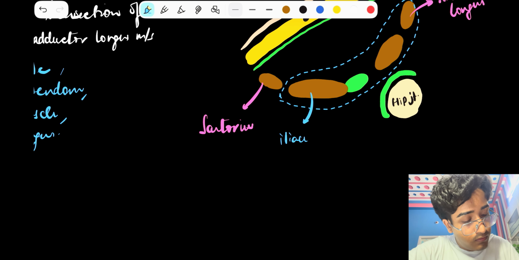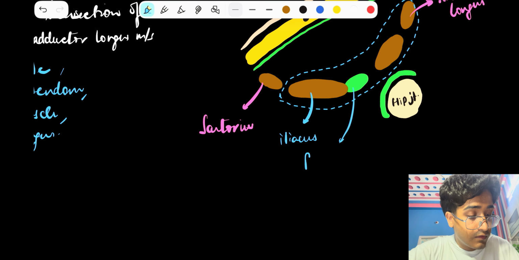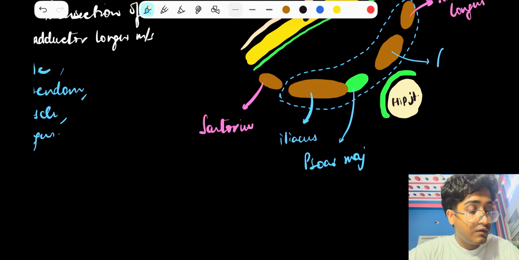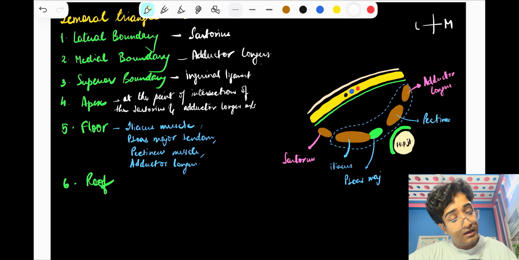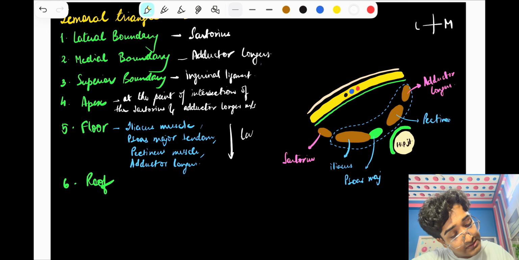Iliacus, psoas major, pectineus, and adductor longus, and this sequence is from lateral to medial side.